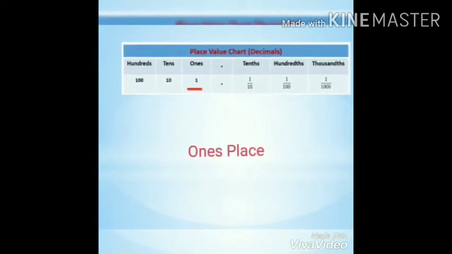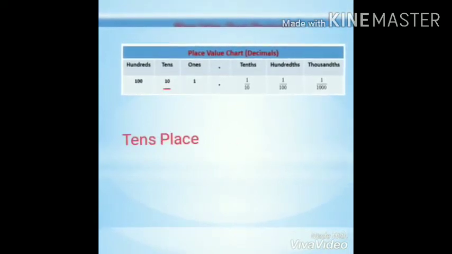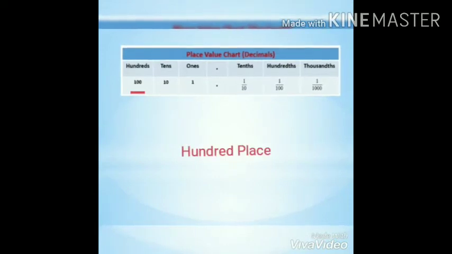We have already studied about place value chart, so here we will discuss this for decimal numbers. So as we know, the left side value of a decimal point is called the whole part, and the right side values are called the decimal part. So the first digit on the left side is called the ones place number, second is tens place, third is hundreds place, next is 1000, 10,000, and so on.